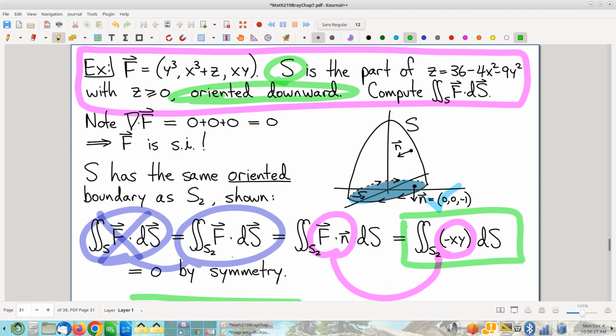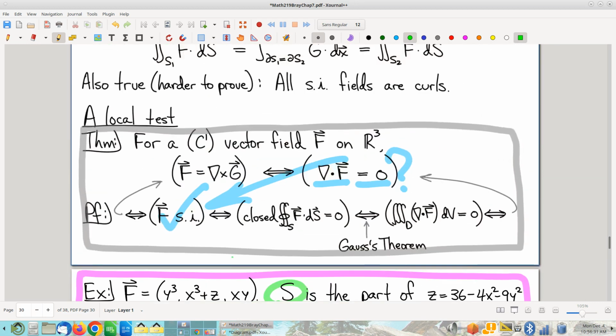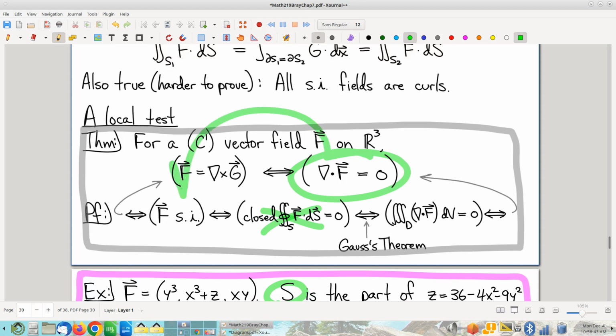Did you have a question? Yeah, can you scroll up just a little bit to the local test? So you didn't use the fact that it's surface independence to say that the closed surface integral is 0. I didn't use this fact, but I did, because the divergence was 0, I inferred from that that surface independence is allowable in the first place.